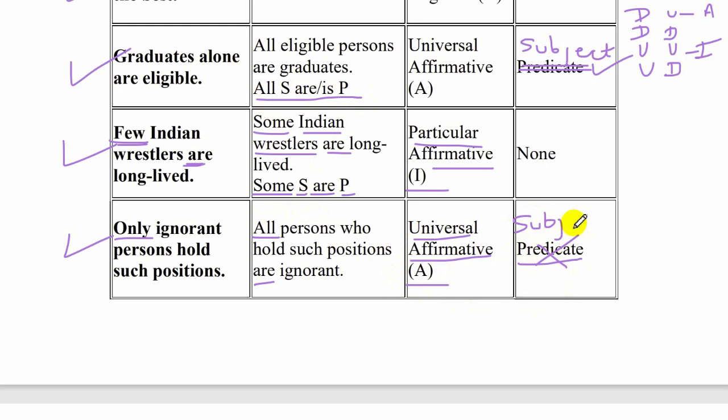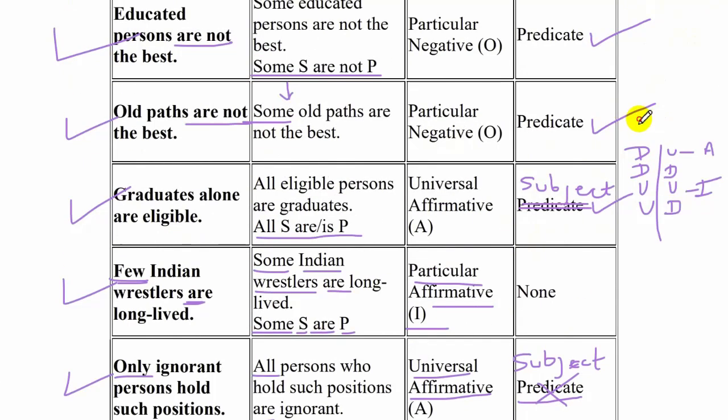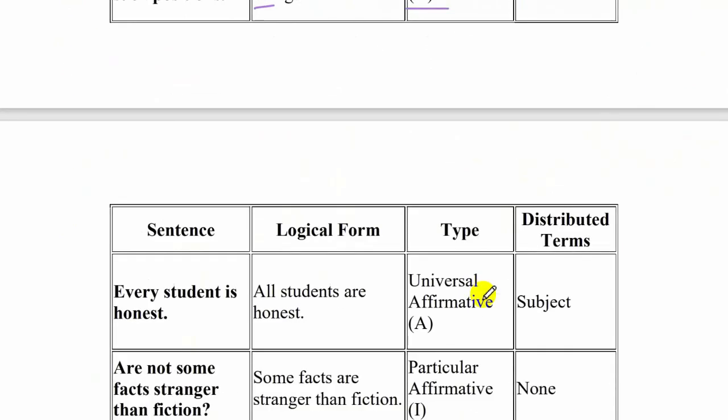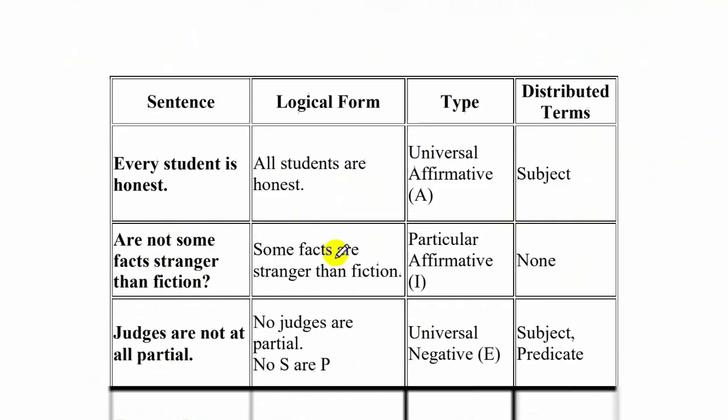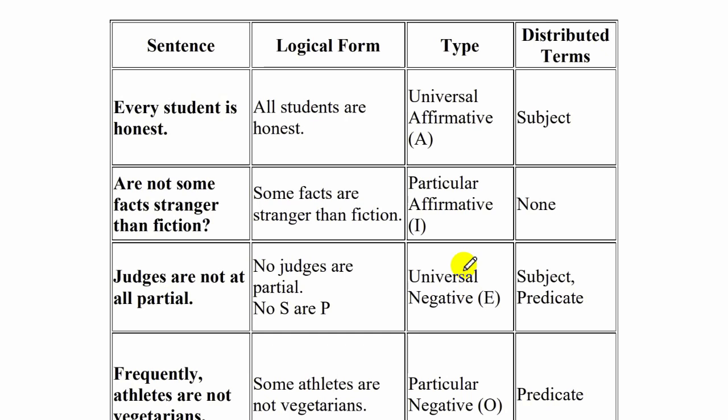Wrong. Once again, the subject part is distributed. Okay, correct this. The subject is distributed, as we saw in the table that we created. So this is subject, this is predicate part. Some errors may crop up in the note sheet. Just correct that on your own.